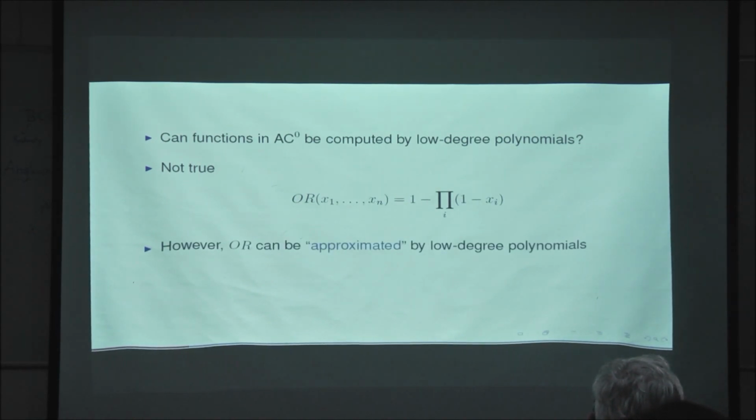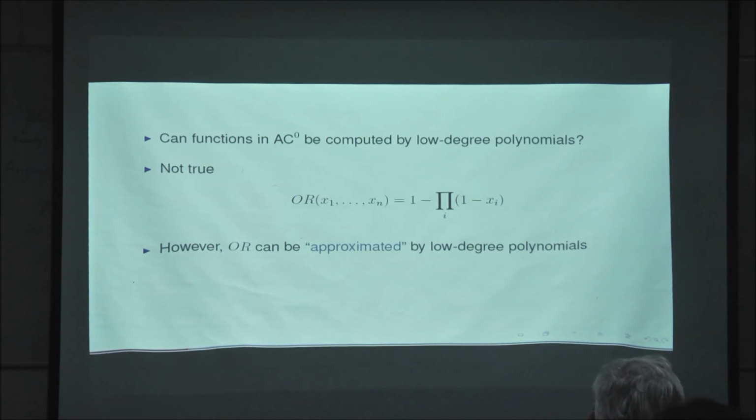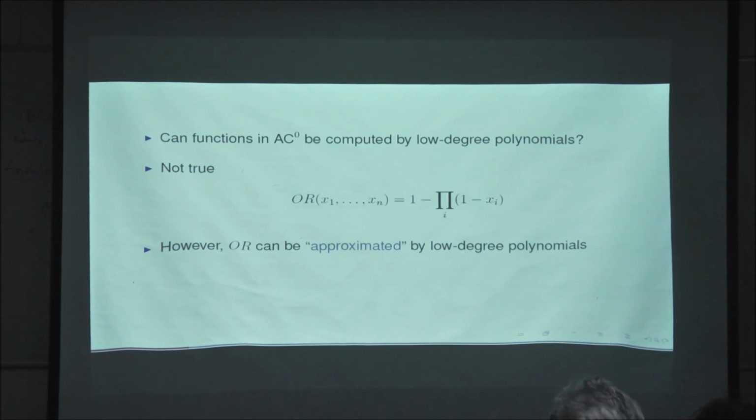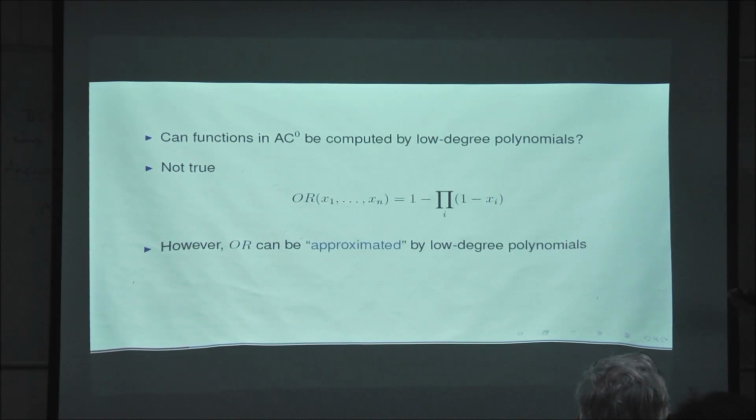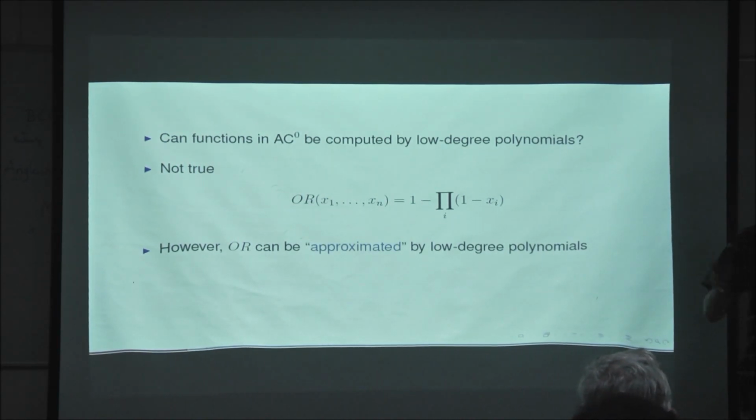However, when you change the notion of computation by polynomial to allow approximations by polynomials, things change drastically. This is the key technique used in proving a bunch of AC0 results. What we can show is that OR can be approximated, in a suitable sense, by low degree polynomials. And what is the suitable sense? If you think of a polynomial as an algorithm, it's a really simple, deterministic algorithm for computing a Boolean function, with no randomness involved.